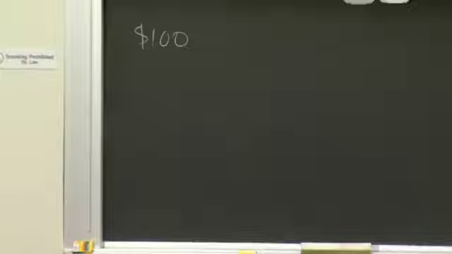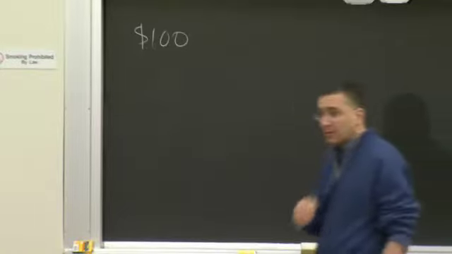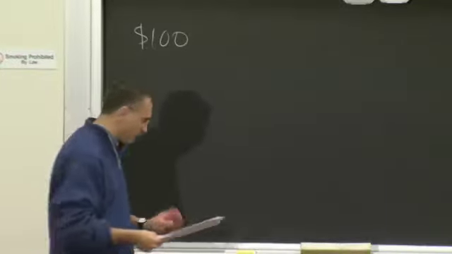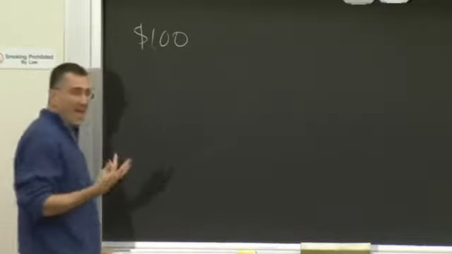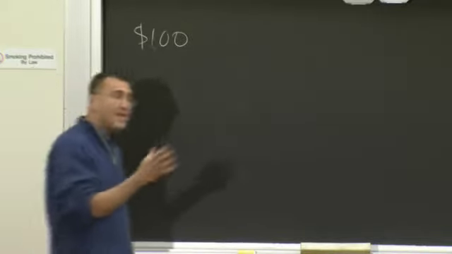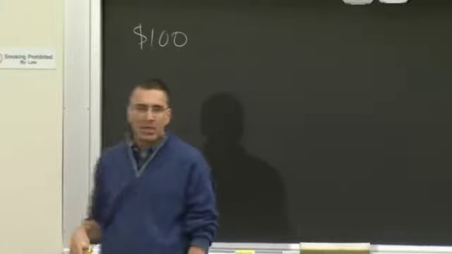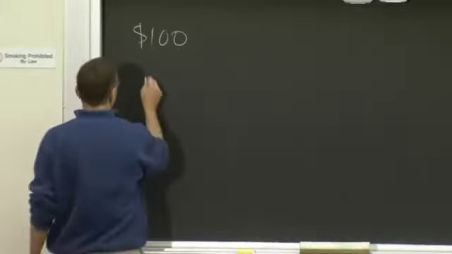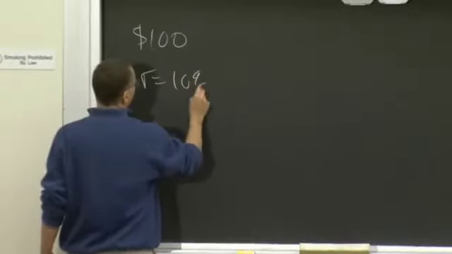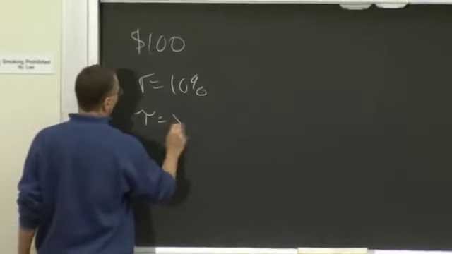He has two choices. He can put it in the bank, or he can have his employer hold it aside as a pension payment and he can get it next year. And let's say the interest rate is 10%, and let's say his tax rate is 25%.